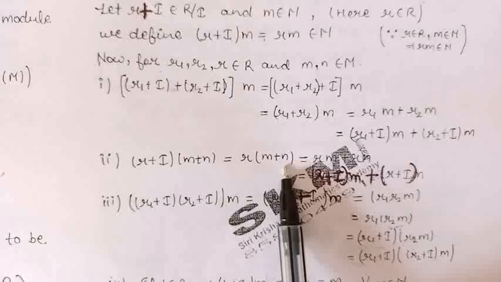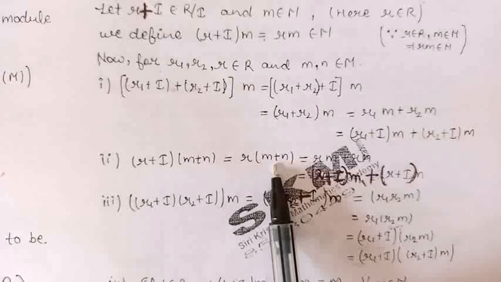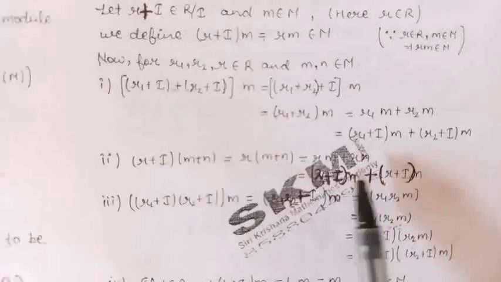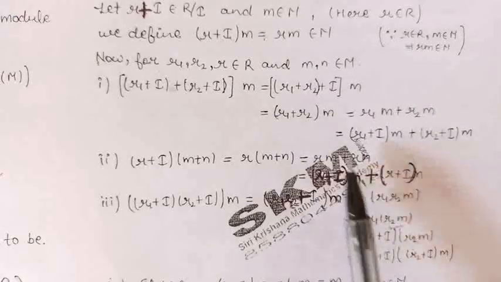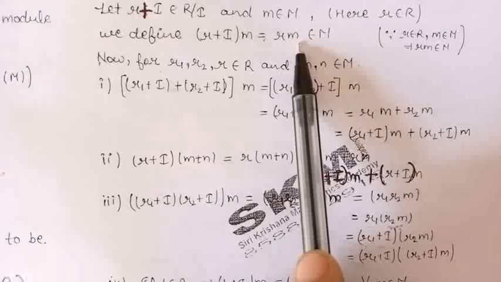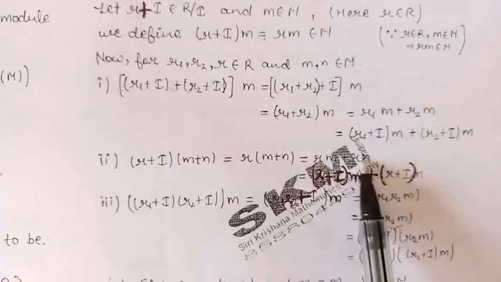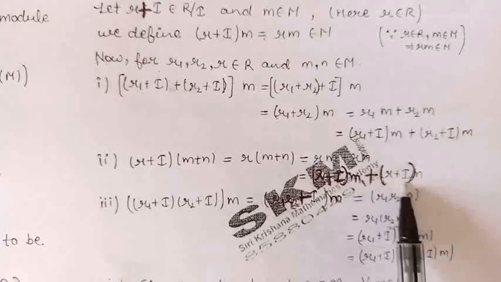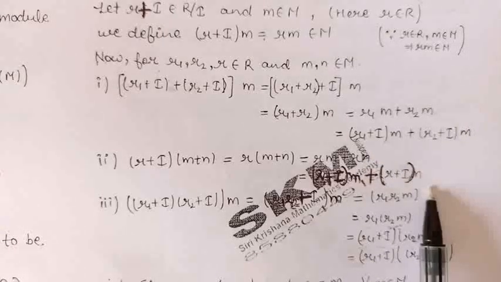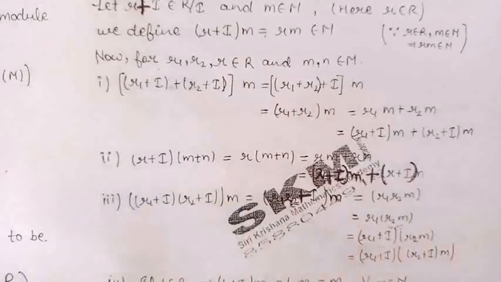Because M is a left R module, r into (m plus n) can be written as rm plus rn. Now again, by using this definition, rm can be written as (r plus I) into m, and rn can be written as (r plus I) into n. So this proves the second condition.